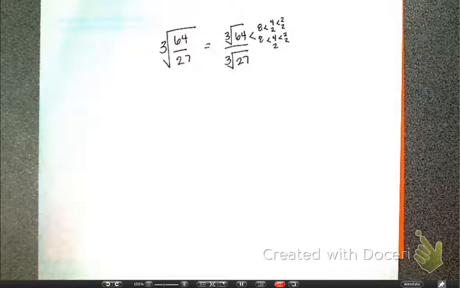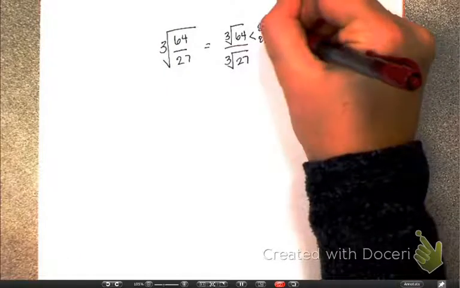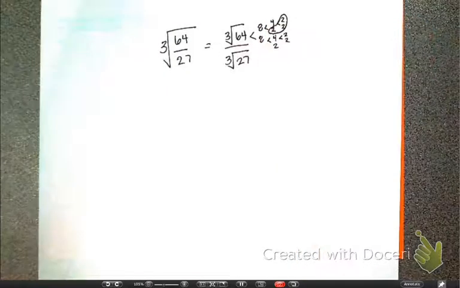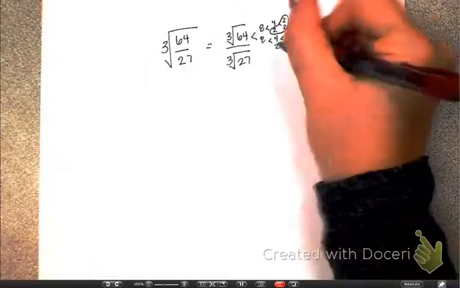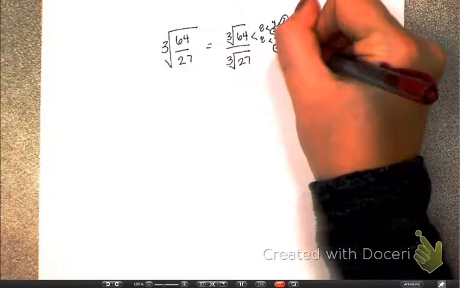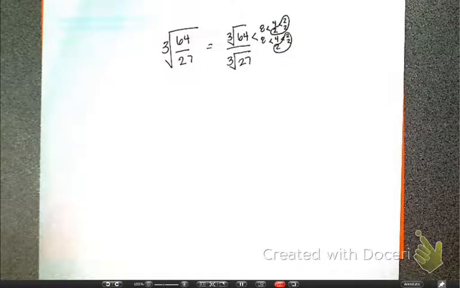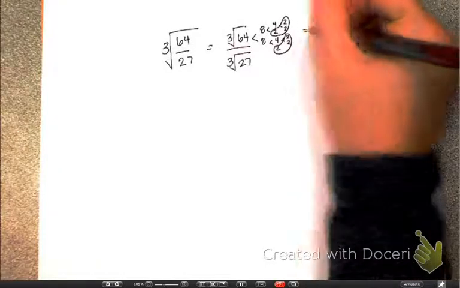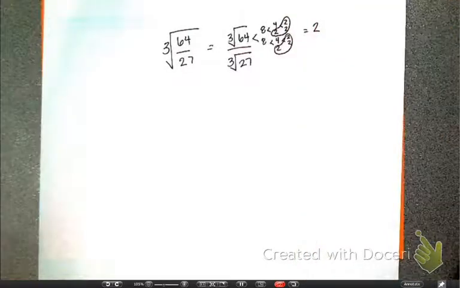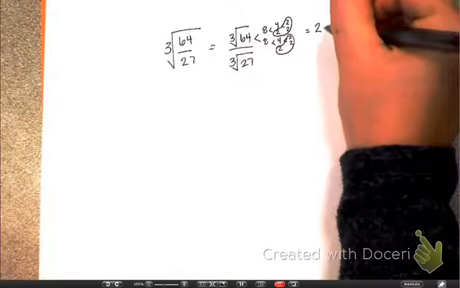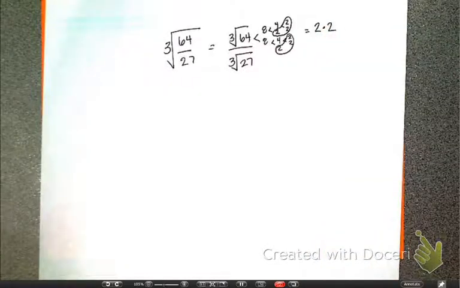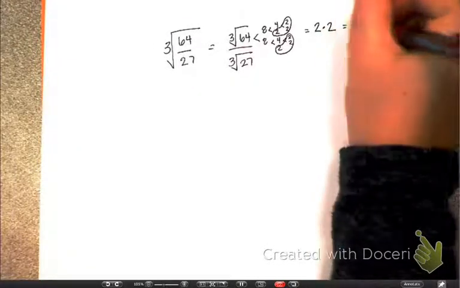Groups of 3. So I have a group of 3 here. And I have a group of 3 here. The same rules apply. The groups now get to leave and go on a group date. Everyone else stays at home. So I have a group of 2s. I have another group of 2s. Do I have anything left over? No. So on top I would just have a 4.